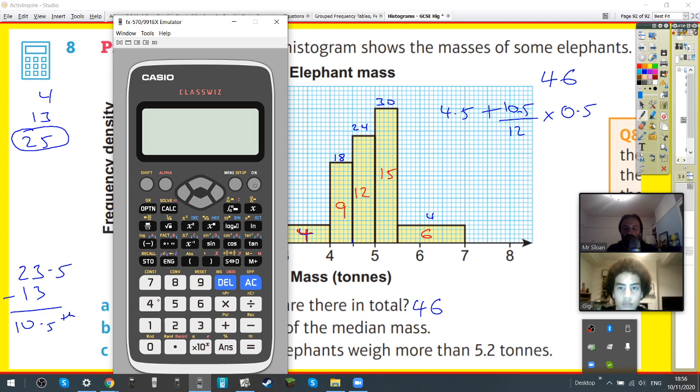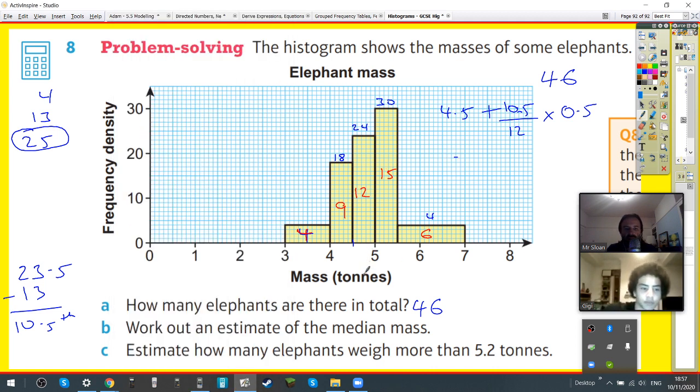So it starts at 4.5 plus this fraction out of the width of 0.5. So there's a formula that's better, and maybe I should just use it for GCSE as well. I just don't have it ready. And so 4.9375 is what I get.